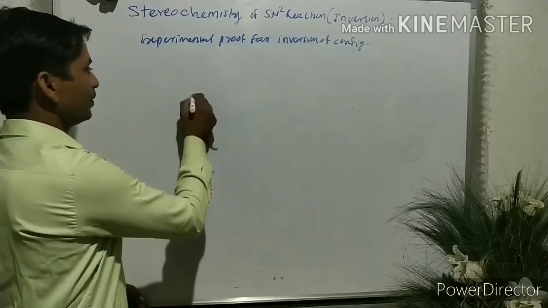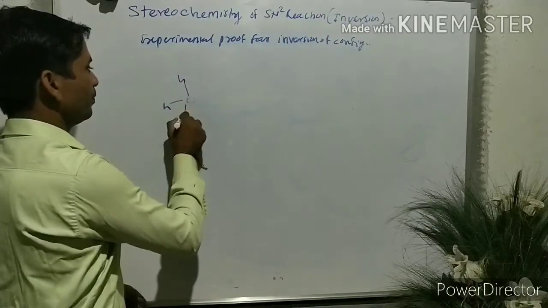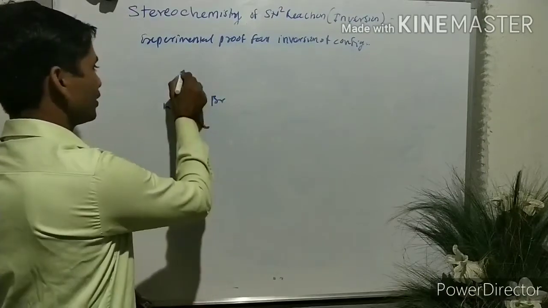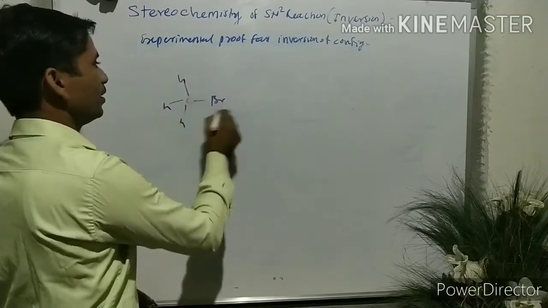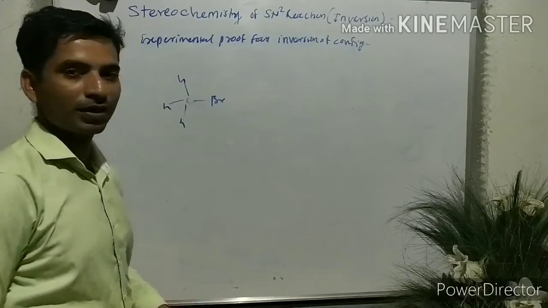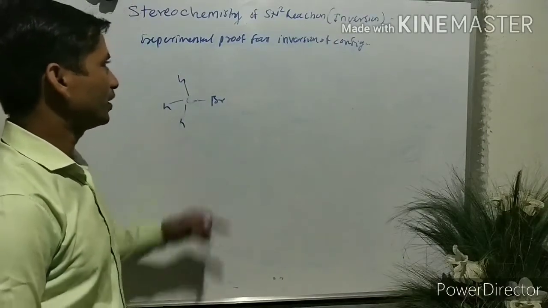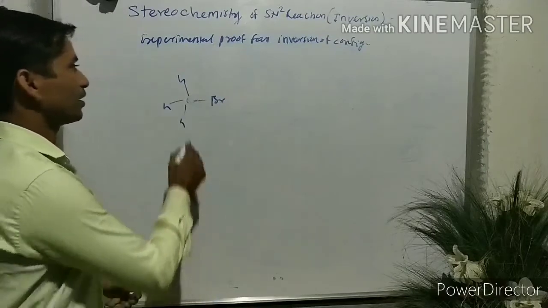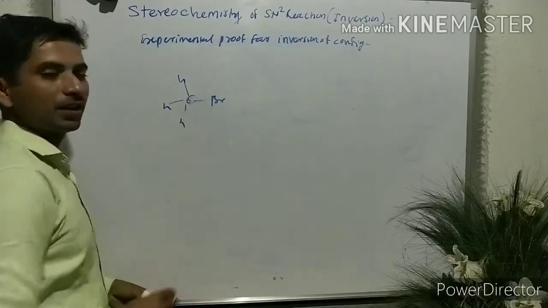If we take simple methyl bromide, we cannot distinguish the change in configuration, because this is not a chiral center. So to show the inversion of configuration, we have to consider this carbon as a chiral carbon.